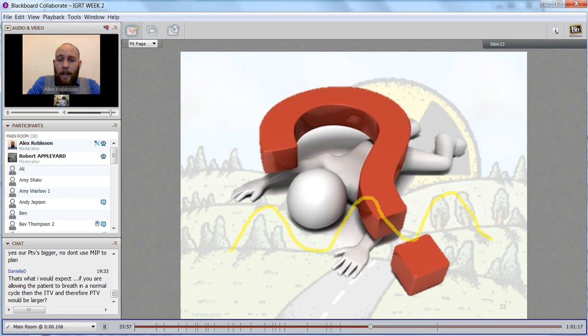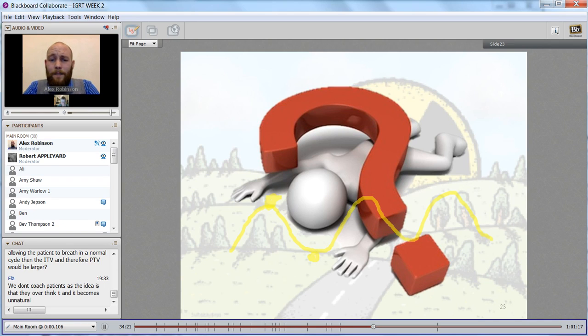This then gives us this maximum inspiration and this maximum expiration. But realistically, if I say to a patient, what I want you to do is to breathe in, they fill their lungs with more air than they essentially would on a normal breath. So although we get this ITV, it may not be a true reflection of what occurs on a regular basis.